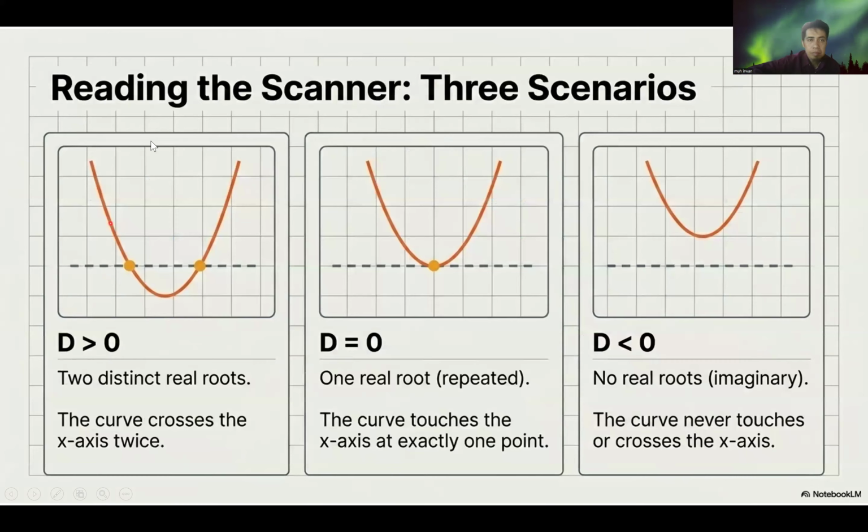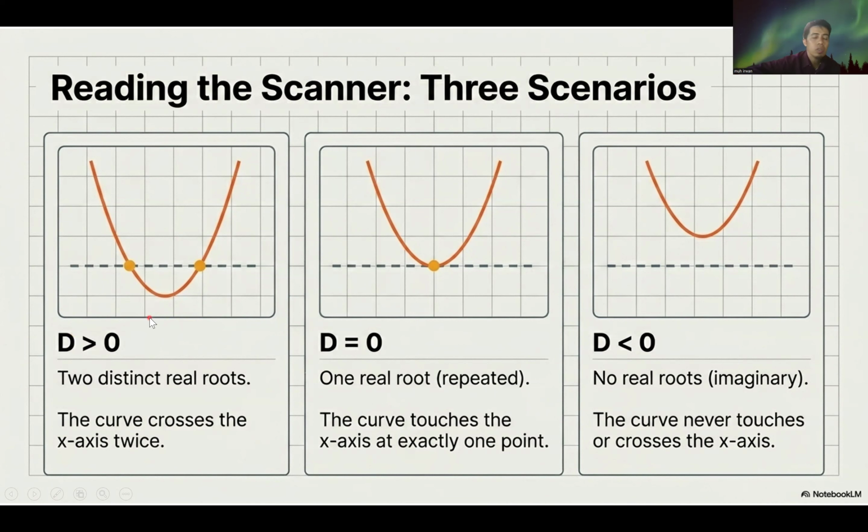This is a graph of the conditions of D, the discriminant. The first is, what happens if D is more than 0?